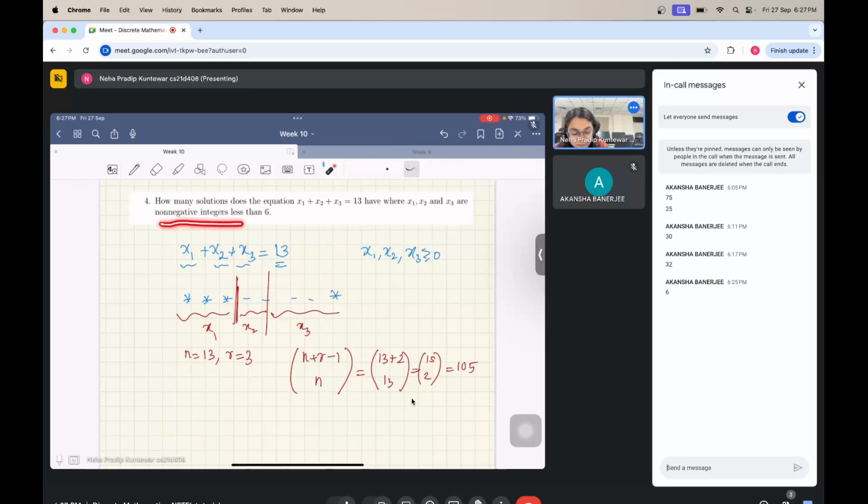The solutions where, say for example, x1 takes a value of 6, and x2 takes a value of 4, and x3 takes a value of 3, this is bad for us because I have this additional constraint that x1, x2, x3 cannot take a value of at least 6. So these are the solutions that I want to subtract. These are like bad events for me. So from this, do you see how we can use the previous framework?